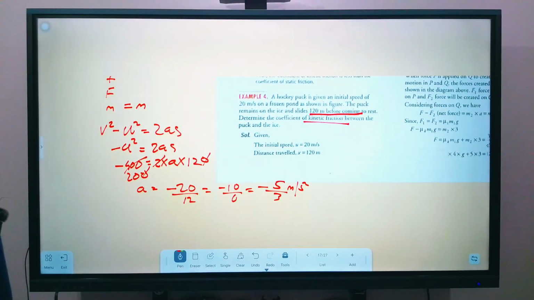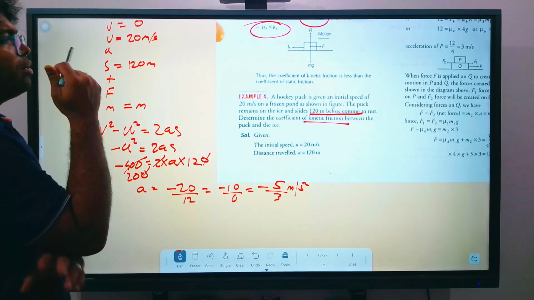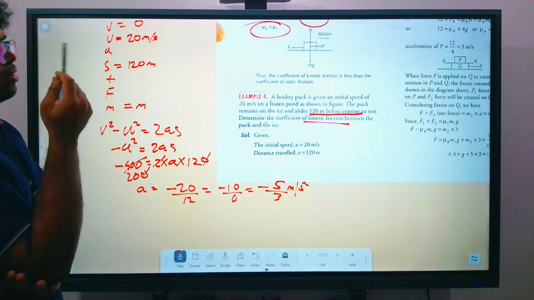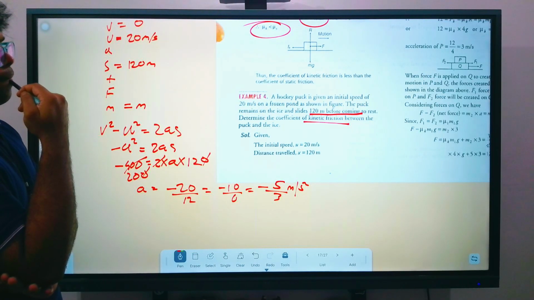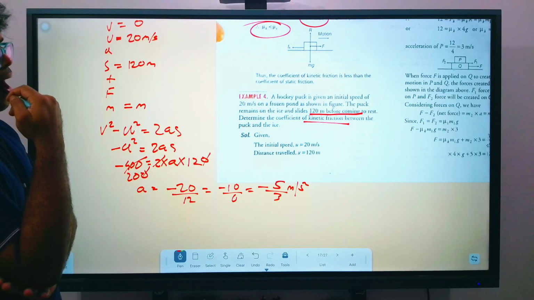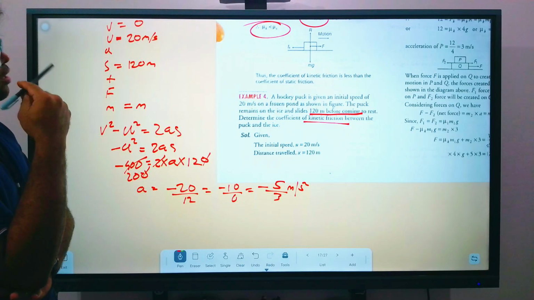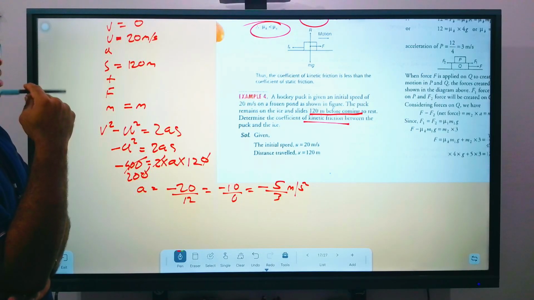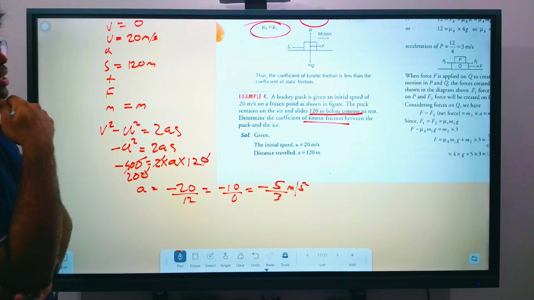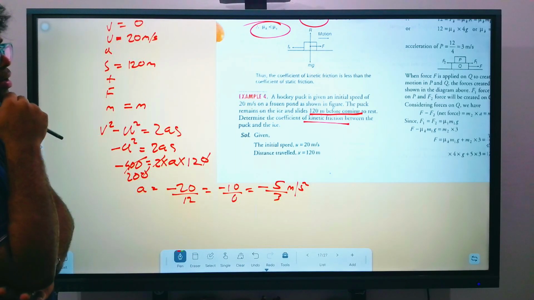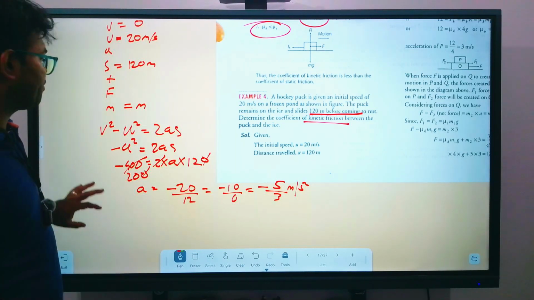Now, I'm missing something. Determine the coefficient of kinetic friction. So should the applied force be equal to friction? That is why it stopped. I think that should be it.